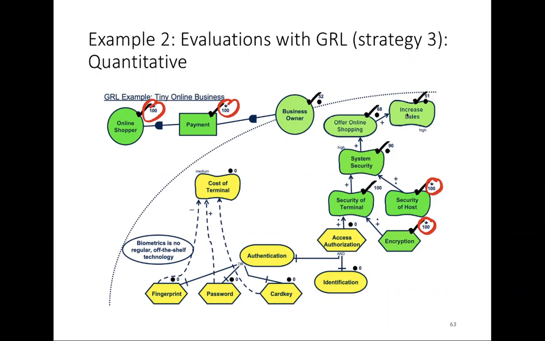It ends up that increased sales now has a higher level of satisfaction of 51%, and actually the satisfaction level of the business owner has also increased to 52%. So that means that strategy 3 has increased the satisfaction level of the business owner. So maybe strategy 3 is a good solution.